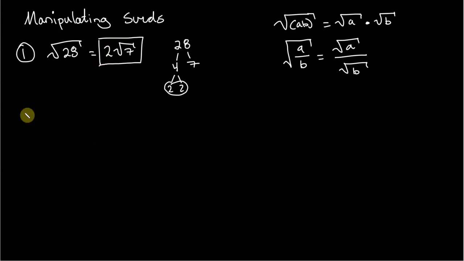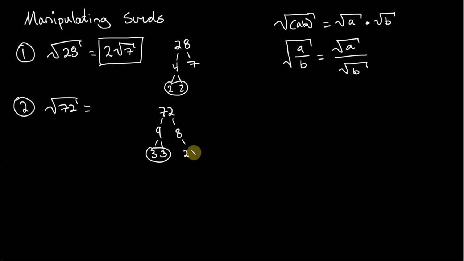Okay. Number 2. I have here root 72, square root of 72. Well, we know that 72 is 9 times 8. We can factor this 9, it's a perfect square, so that's 3 and 3.